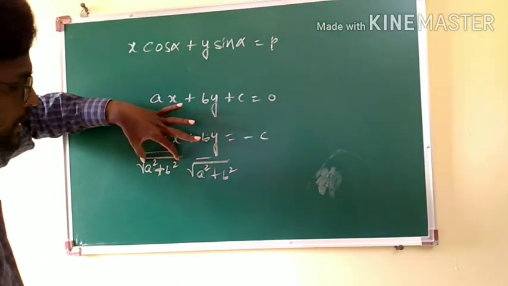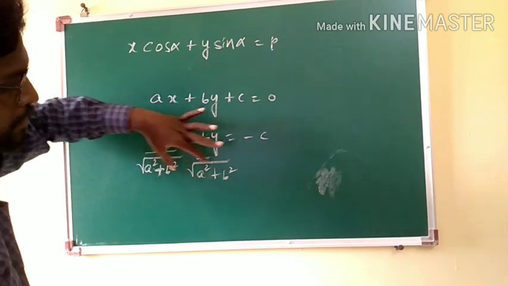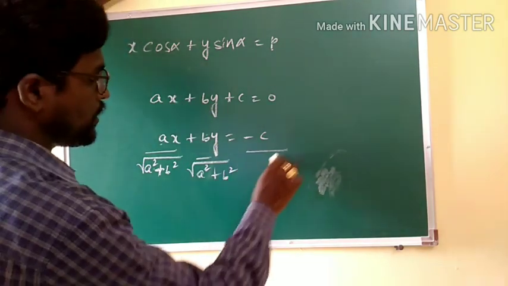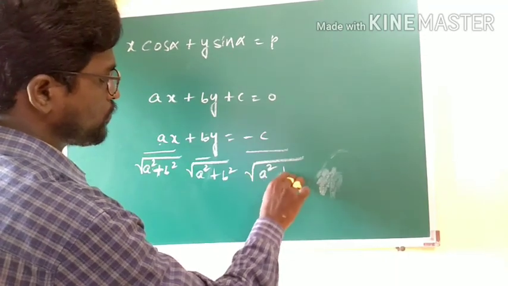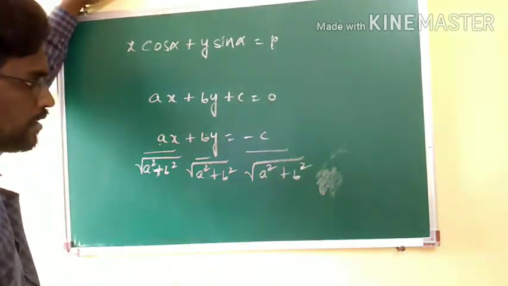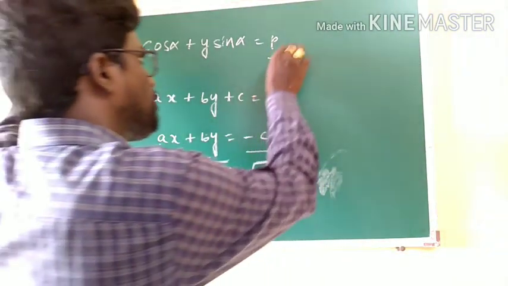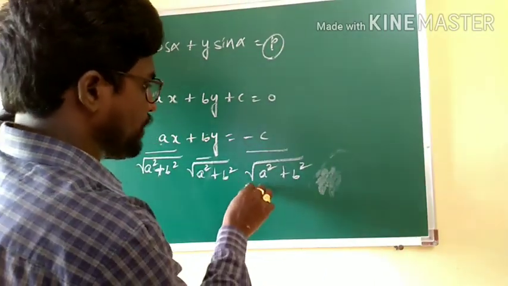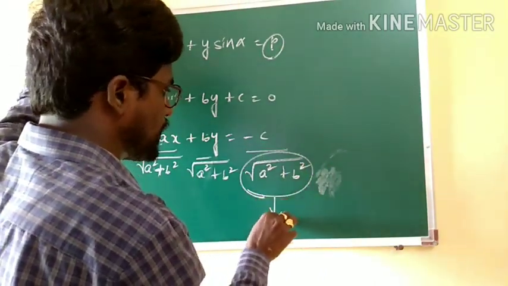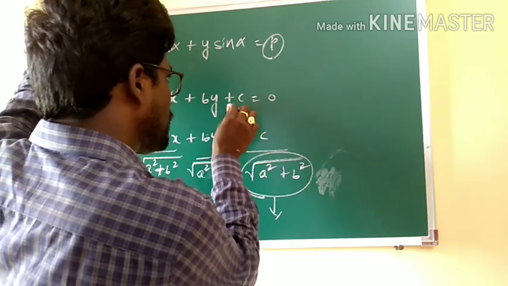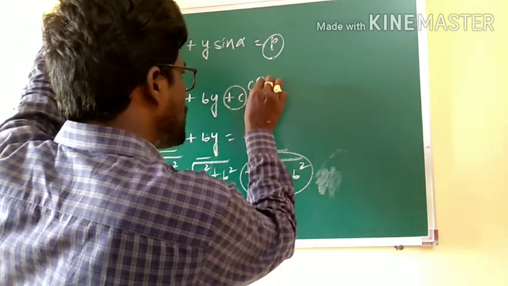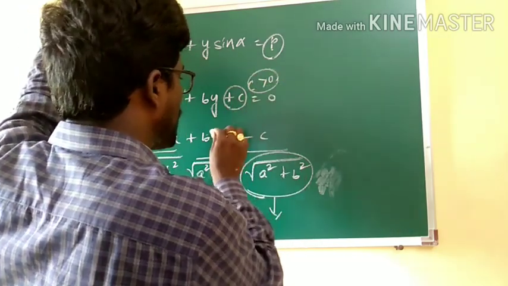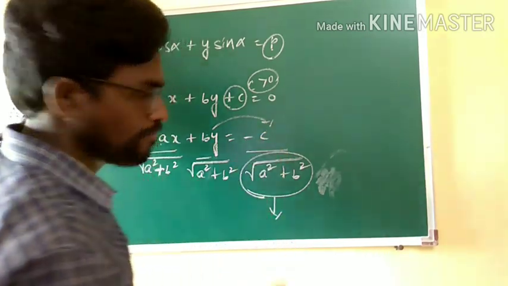With those terms, we will be taking the square root of them and square of them. Sum of the squares of them is equal to minus c by square root of a square plus b square. Since p is always positive, this is already positive, this can't be negative. If in this case c is positive, on transposing to the other side it becomes negative.